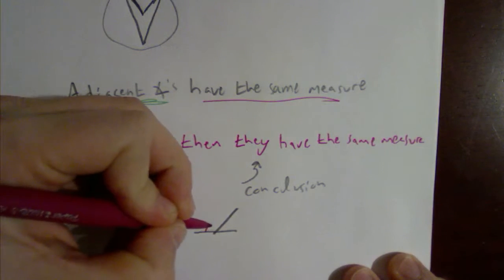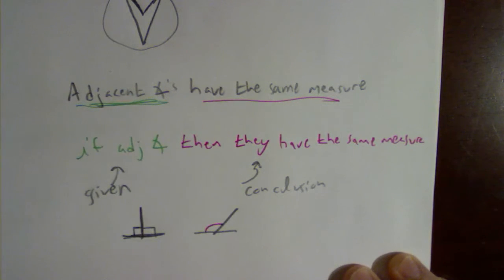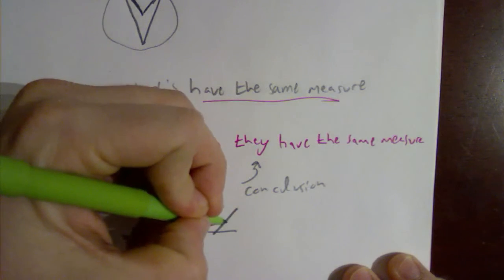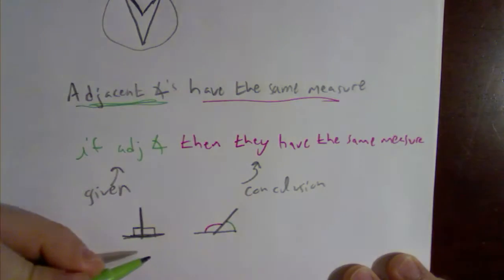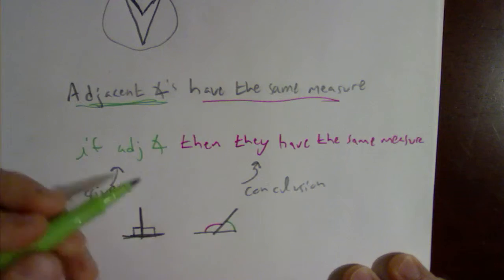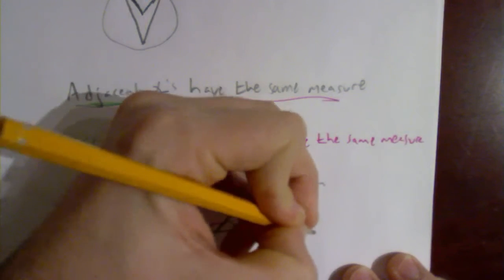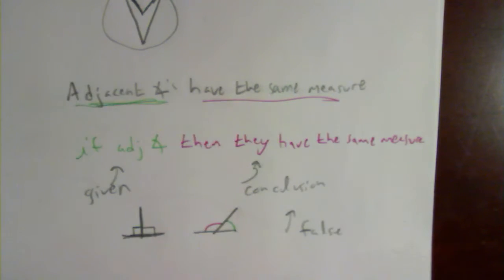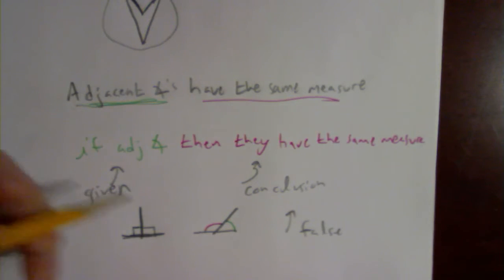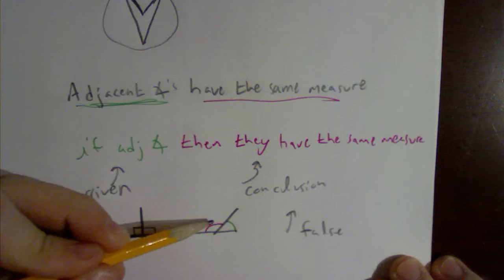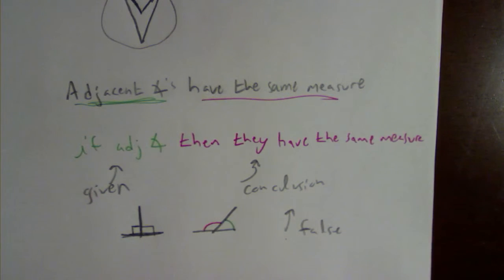But you can see that this angle in pink is quite a bit bigger than this angle in green. These are adjacent angles, but they do not have the same measure. So again, this is a false conditional statement. Conditional statements can be true or false, and if you come up with a counterexample to it, then you know for sure that it is a false statement.